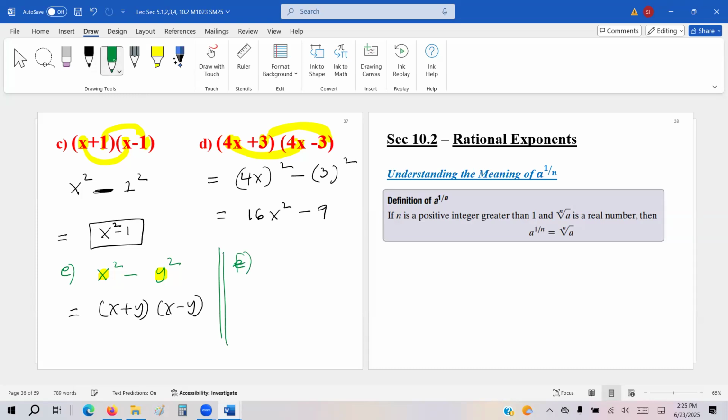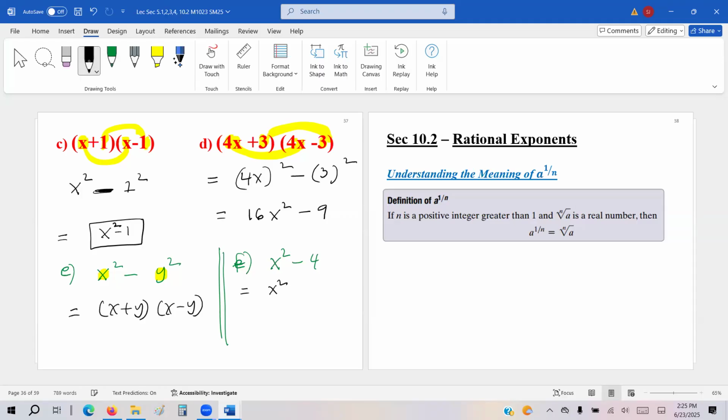Let's say we have x squared minus 4. 4 doesn't have any base. Sorry, 4 doesn't have any power. So what do you do this time? Rewrite 4 as 2 squared.